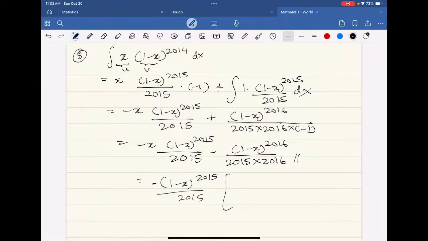I think I'm right about the signs. Now this is minus x, sorry, because minus is already common. x plus 1 by 2016.